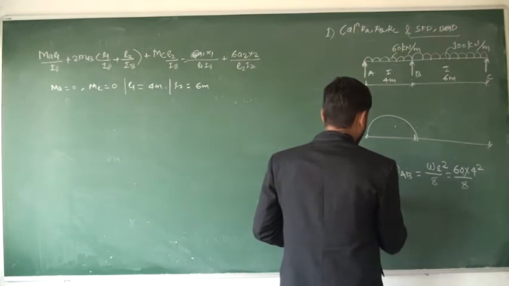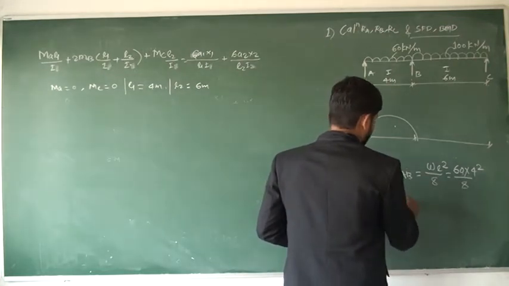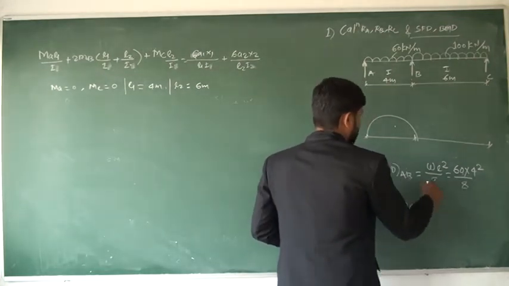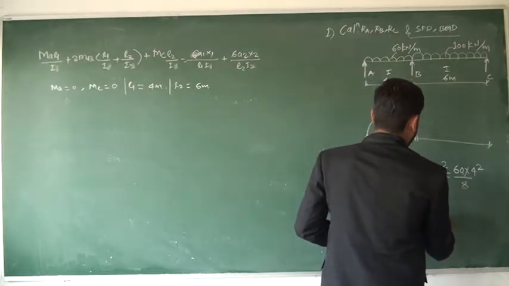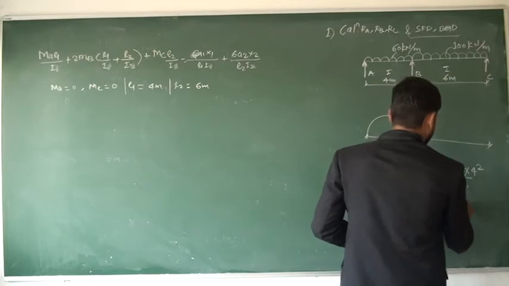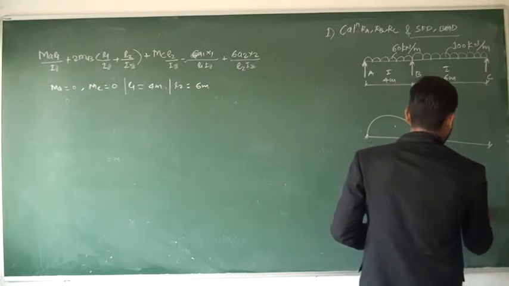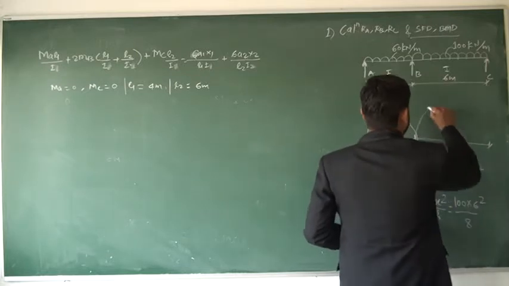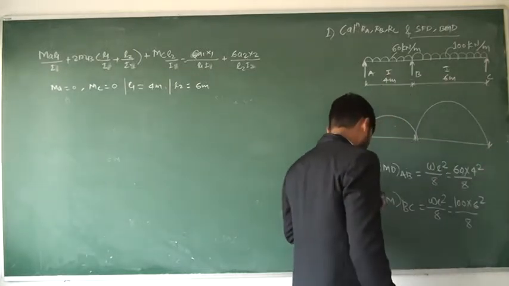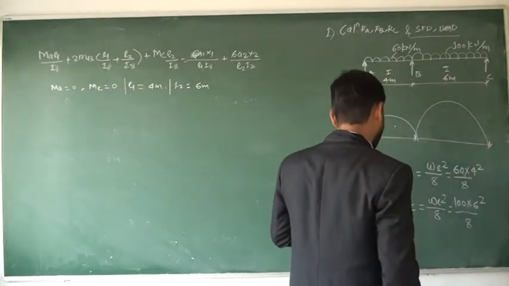Then the free BMD for the BC span, again the same formula, WL square divided by 8. Now here W is 100, L is 6, square, divided by 8. So this is also a parabola.